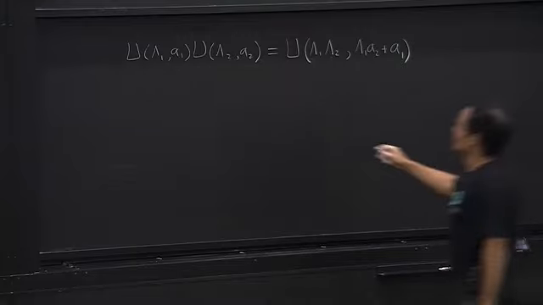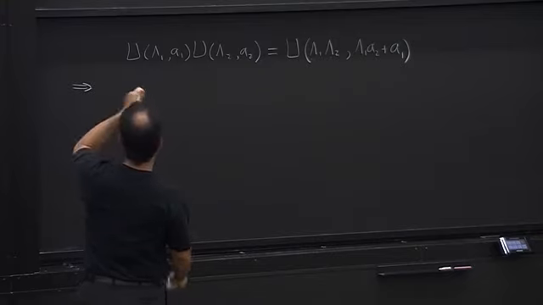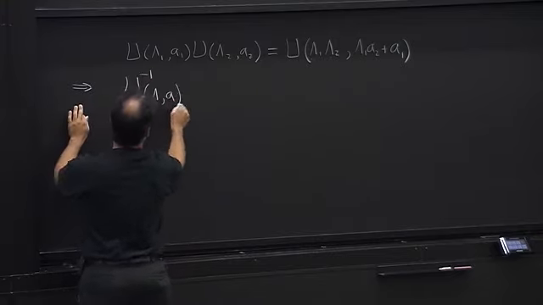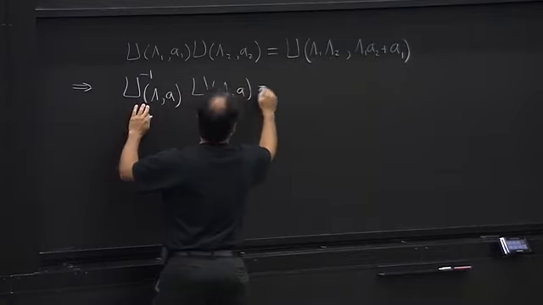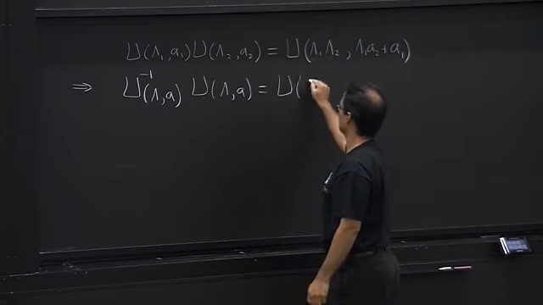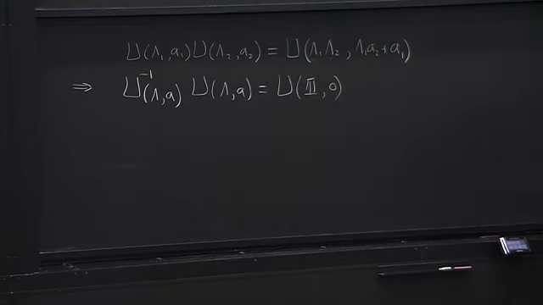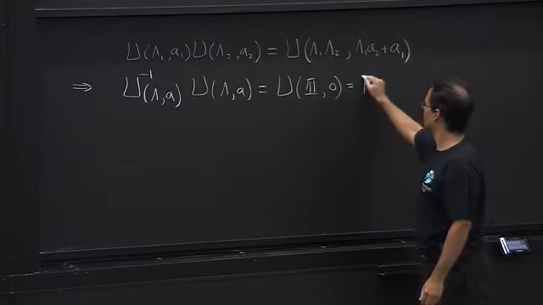Okay? In particular, this means that there must exist an operator called the inverse of any transformation, such that when you do this, you get an operator which does nothing, which is represented by the identity operator acting on your Hilbert space.